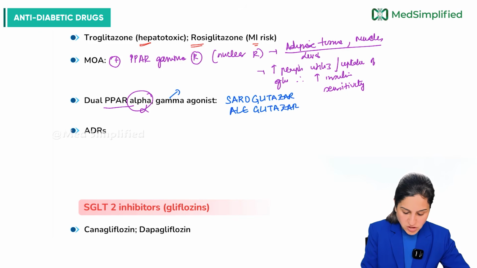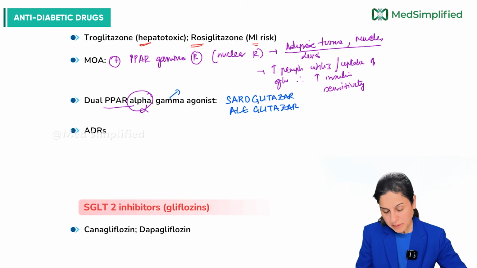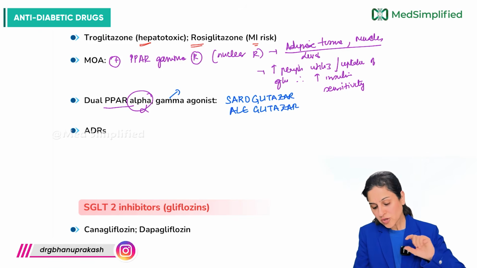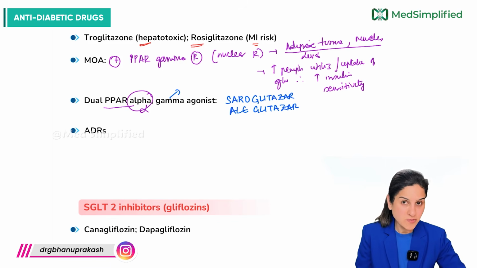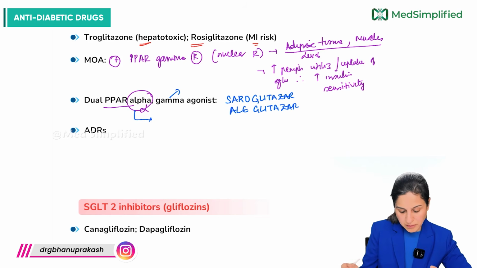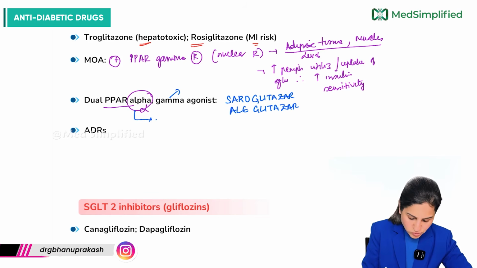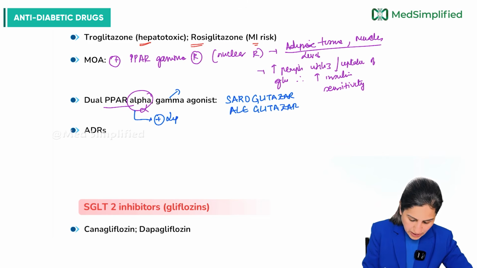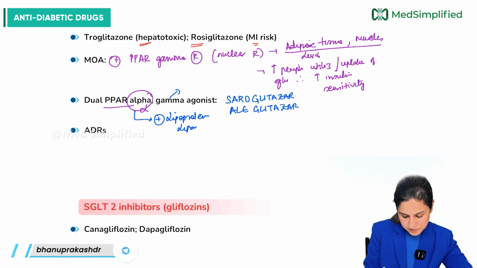Now, gamma function, we know that when the PPAR gamma is stimulated, it leads to increase in the insulin sensitivity. But what about alpha? They are going to stimulate an enzyme called lipoprotein lipase, and this is involved in the breakdown of triglycerides.